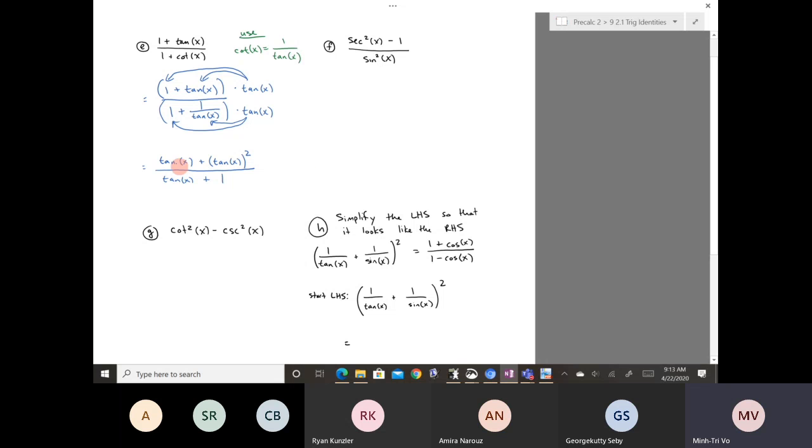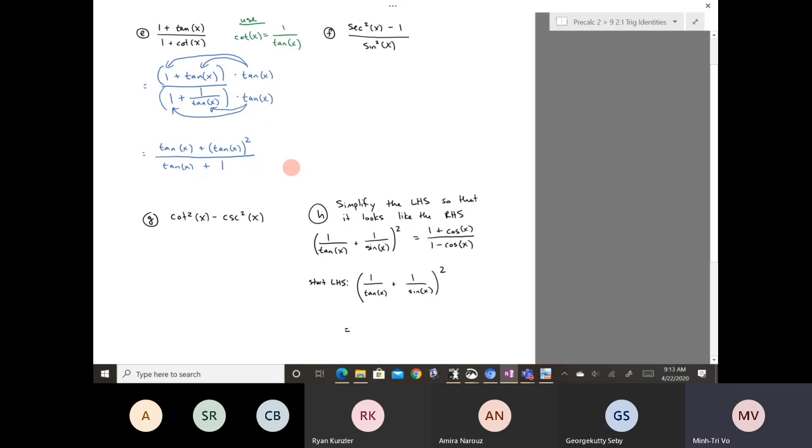Okay, so I have this thing. And now how can I continue from here? Well, in the numerator, I have a tangent in this term, and then I have tangent squared in this term. Since both terms contain tangent, I can factor out tangent. So what do I get?